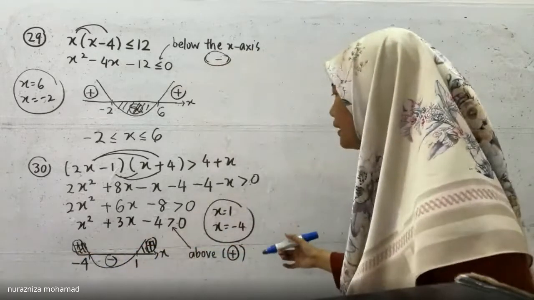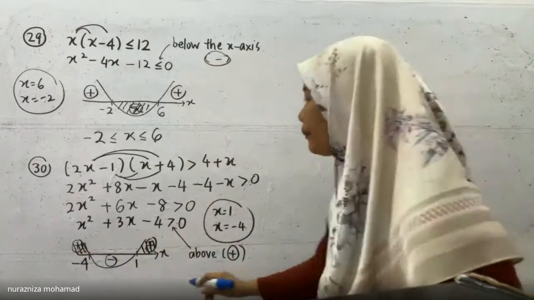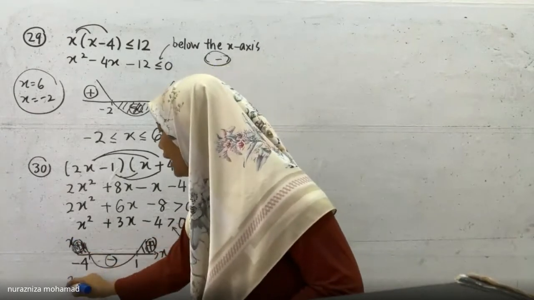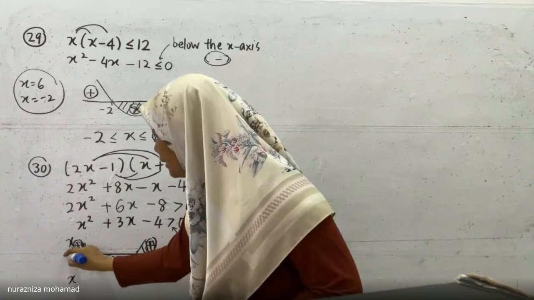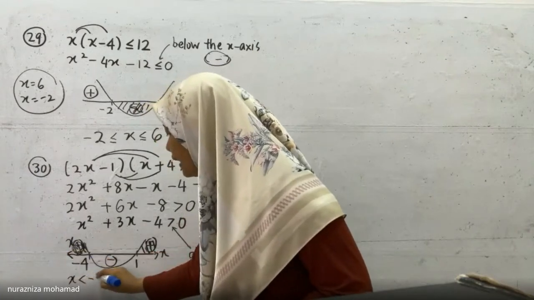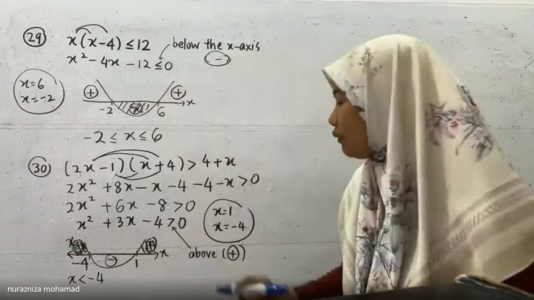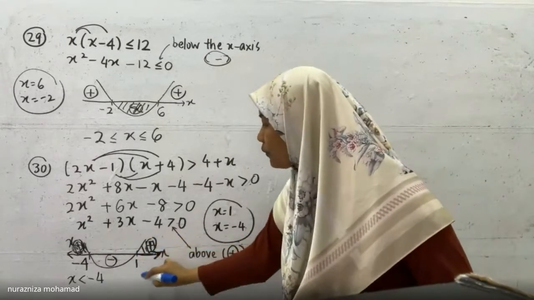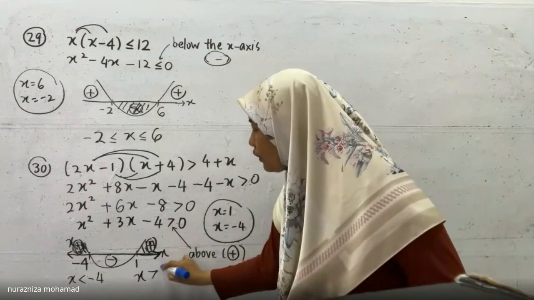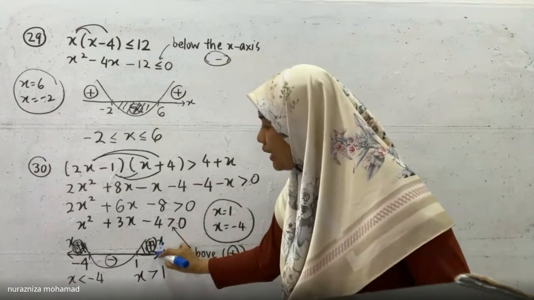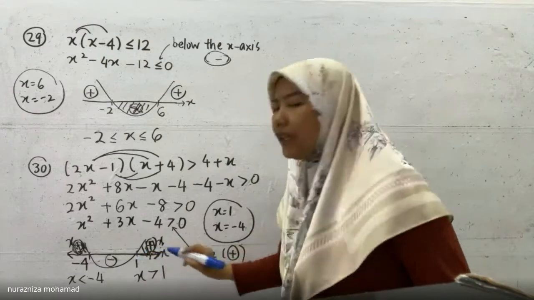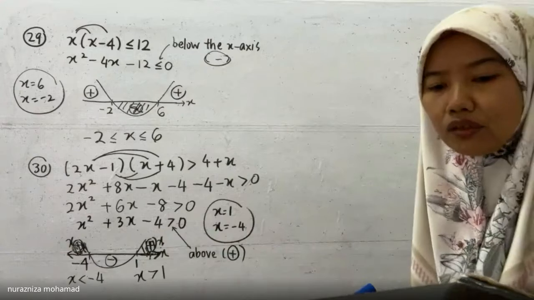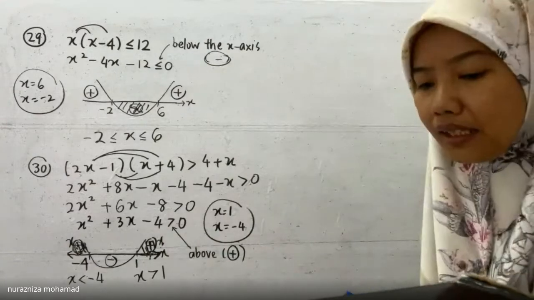So your final answer will be, for this part, if let's say x is here, so x is less than -4. For this part, x is more than 1. Okay, on the right side. Okay, that is your answer for question number 30.